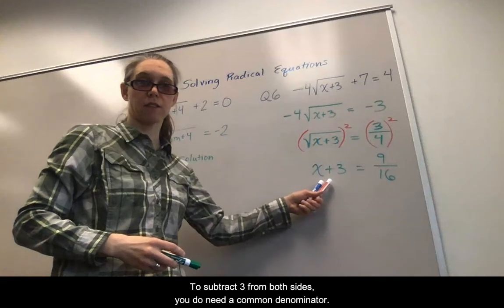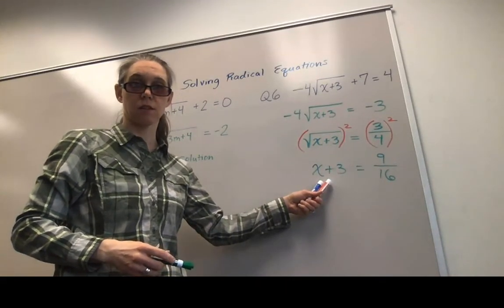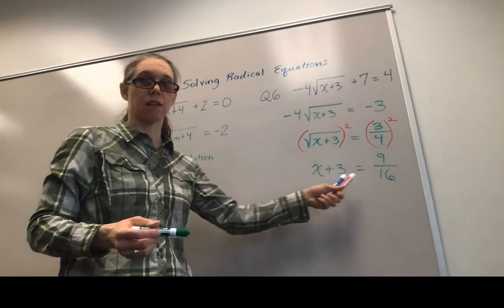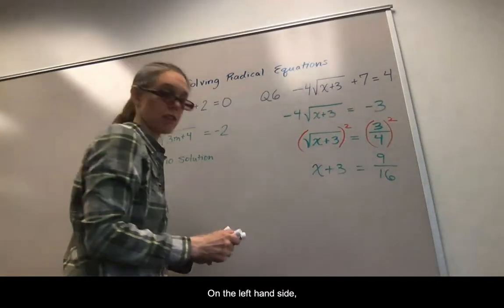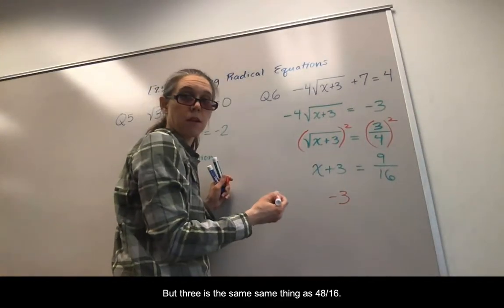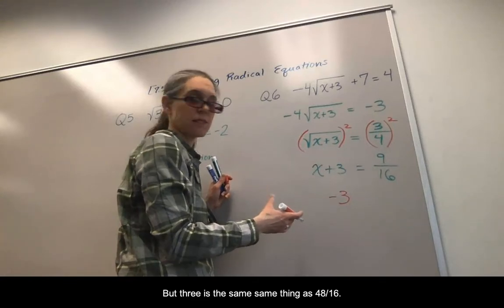To subtract 3 from both sides, you do need a common denominator. So I'm going to show 3 as an equivalent fraction on the right-hand side. So on the left-hand side, I subtract 3, but 3 is the same thing as 48 divided by 16.